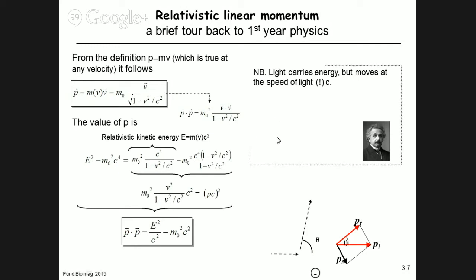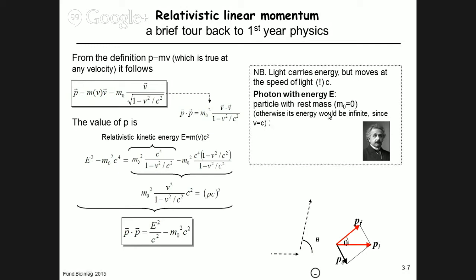From this relationship, with no rest mass, we can calculate a relationship between linear momentum and the energy of the photon. Basically, the energy of the photon divided by the speed of light gives us the magnitude of the linear momentum of the photon. And that we are going to use to analyze this elastic collision between a photon and an electron.